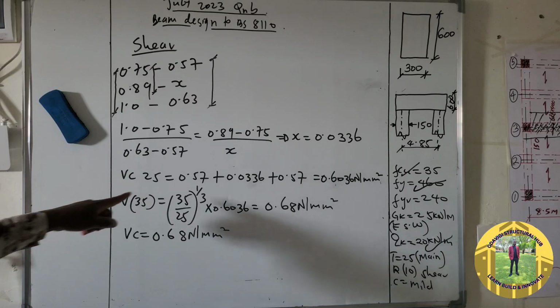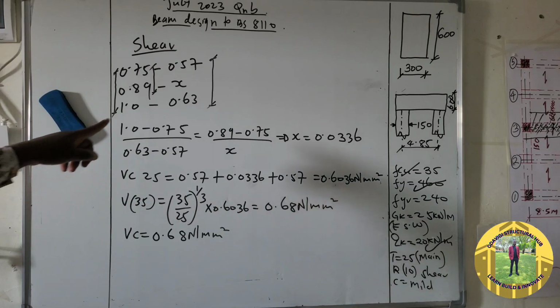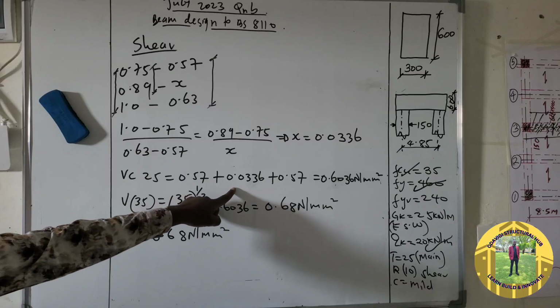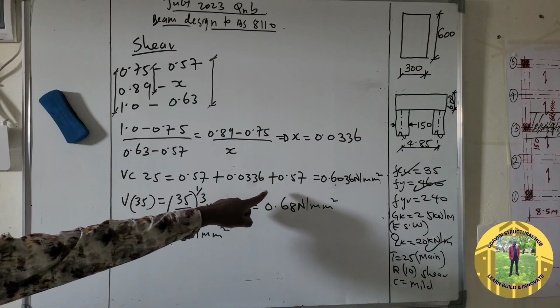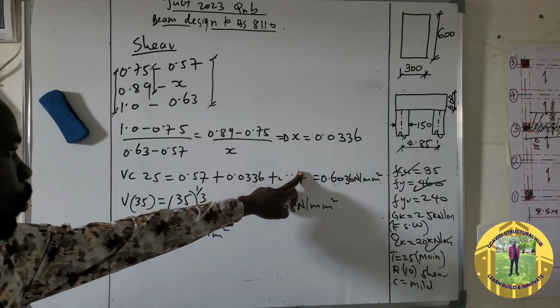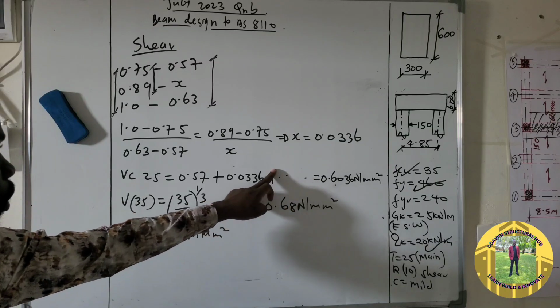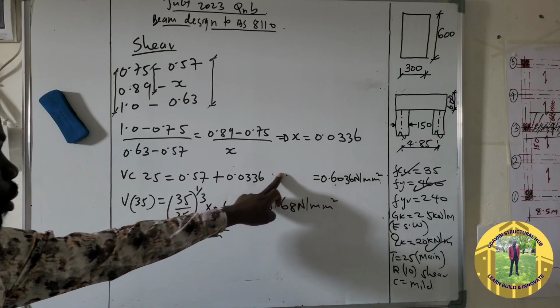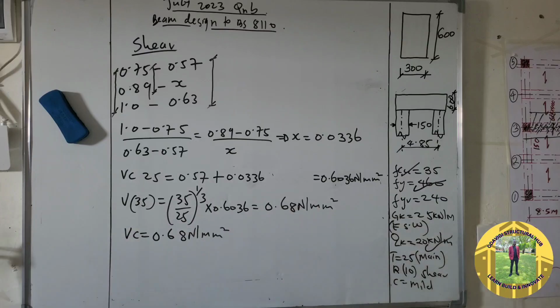Then Vc for 25 will be 0.57 plus 0.0336, which is equal to 0.6036 Newton per millimeter square. So this is for Vc.